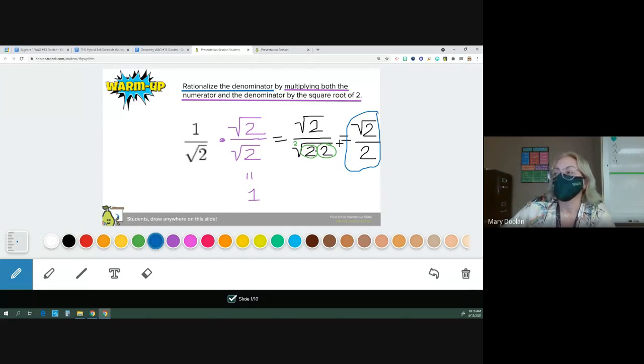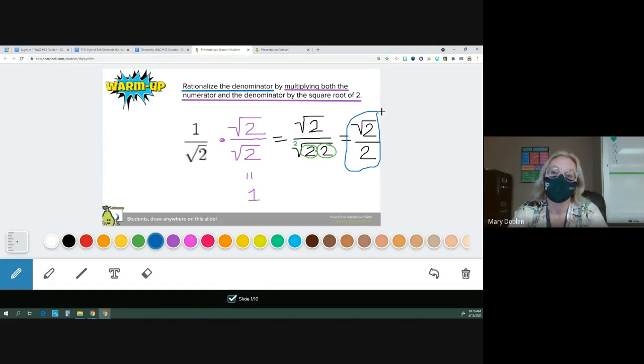So right now, this is exactly equal to the square root of 2 over 2. Now, if I want to approximate it, then I would take the square root of 2 and divide it by 2. But the square root of 2 is an irrational number. Anytime you are trying to use a calculator to figure that out, then your answer is no longer exact.